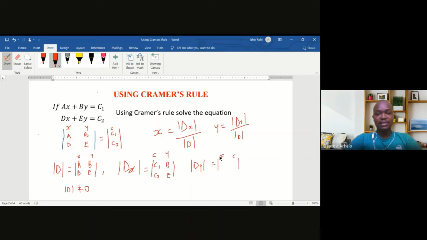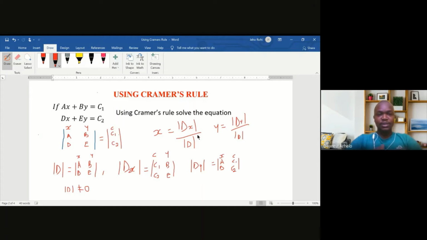So the x is a, d, and for the constant, we have c1 and c2. So from here, we can find the determinants for x and for y, and we can put them into this equation and we get our answers.